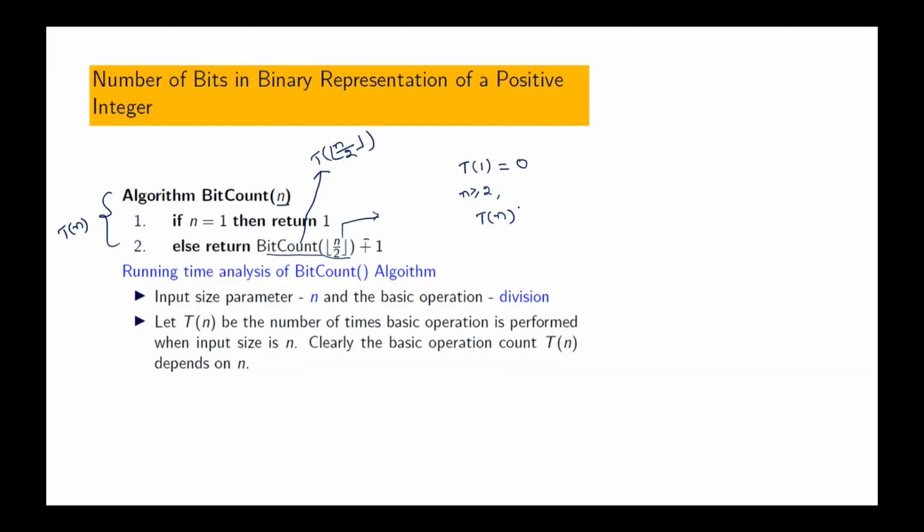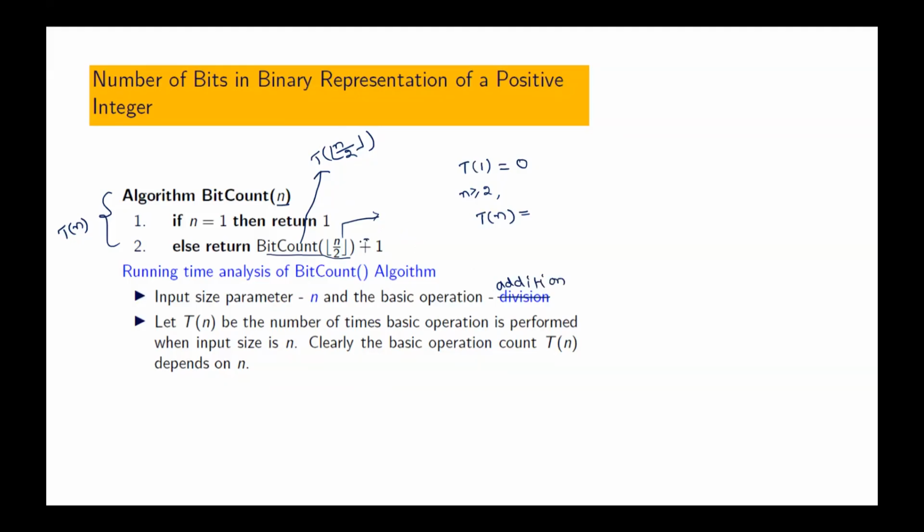So now what is T of n? Please tell me. T of n by 2 plus. In order to calculate this, one division we have performed or not? If you have any confusion, you can replace this division with addition.